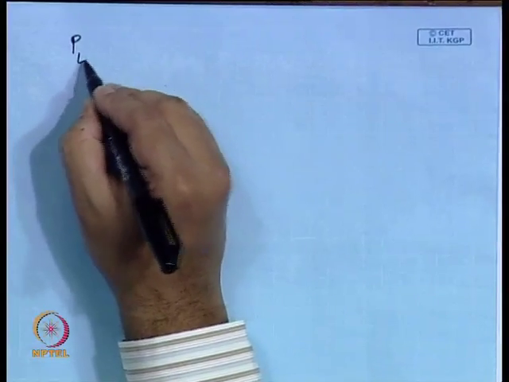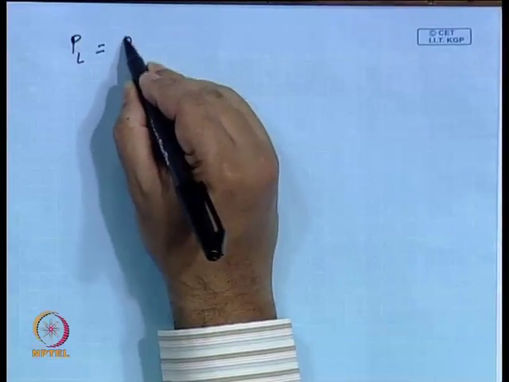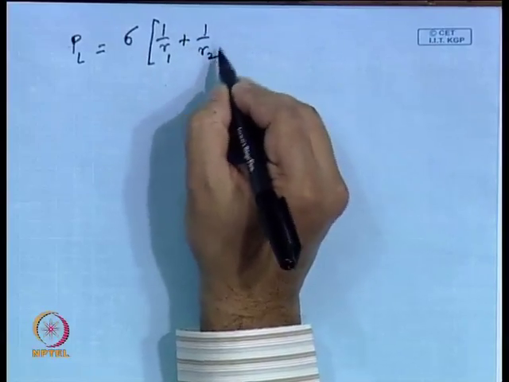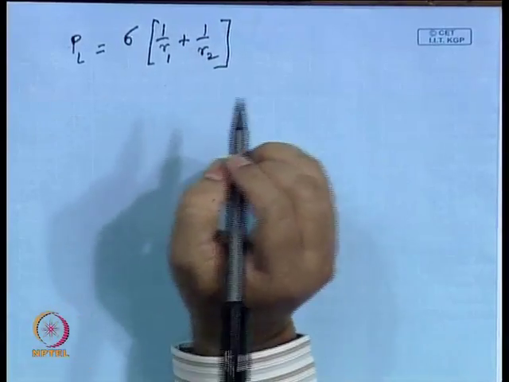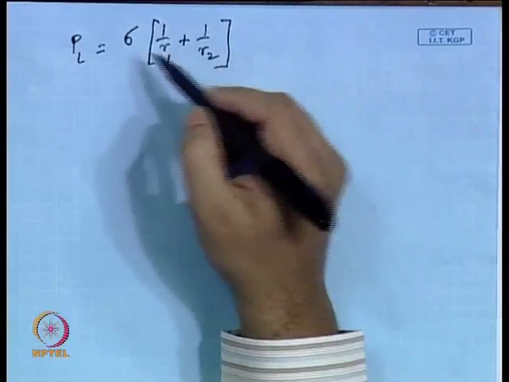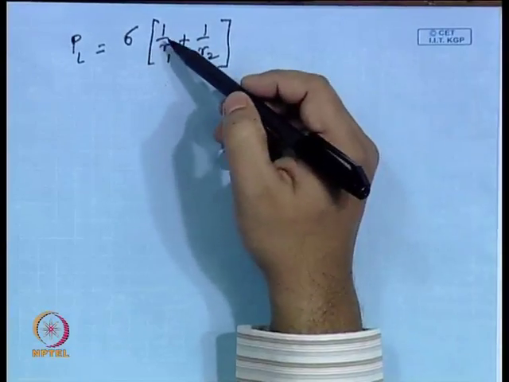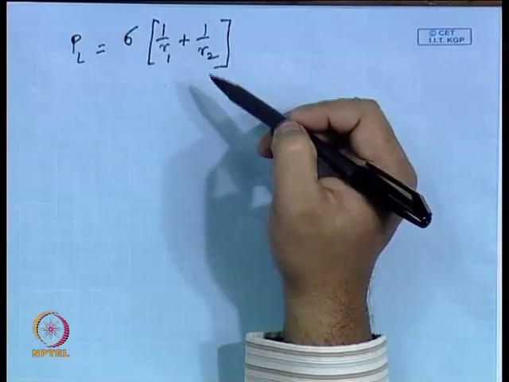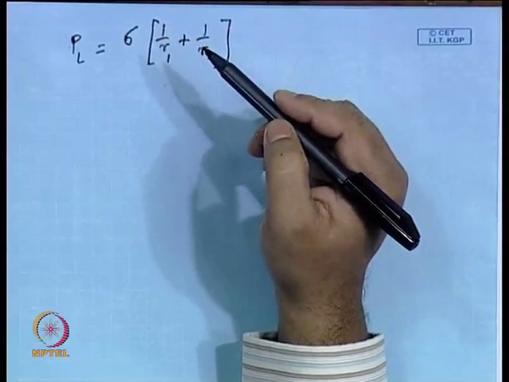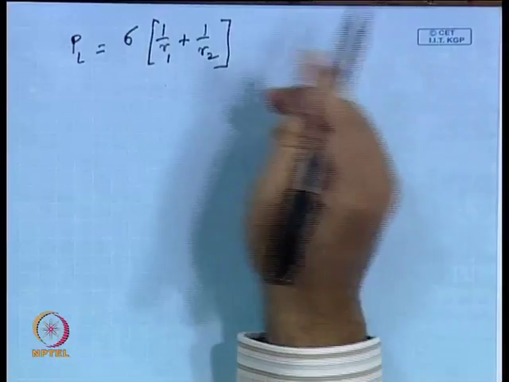So, it should be PL is equal to sigma into 1 by R1 plus 1 by R2. So, that is it. Earlier you had 2 sigma divided by R, now it should be sigma into 1 by R1 plus 1 by R2. So, 1 by R1 represents the curvature here, all right.